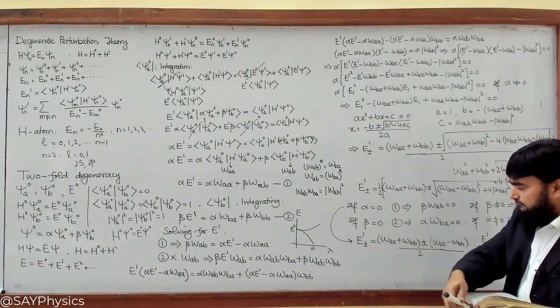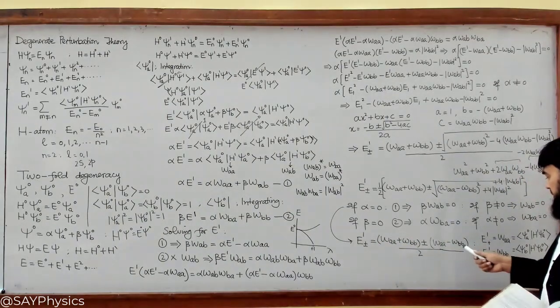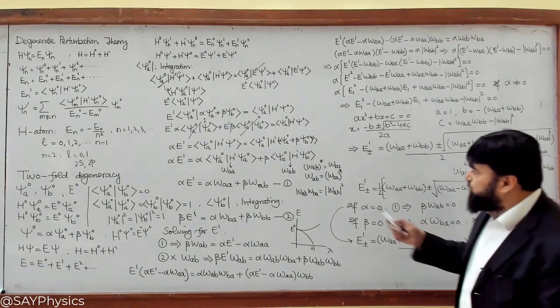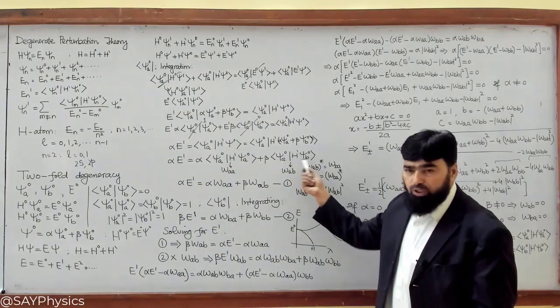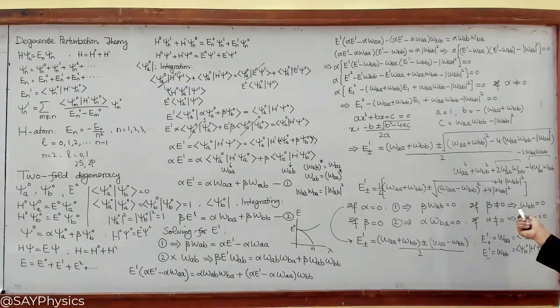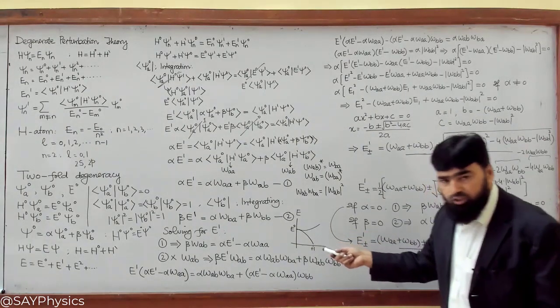And the whole role is played by WAB. The cross term is the term which is combining the two. If this term is equal to 0, then you have lifted the degeneracy.